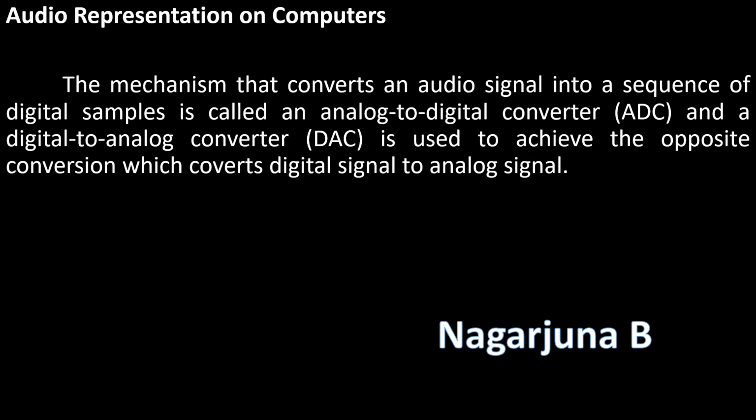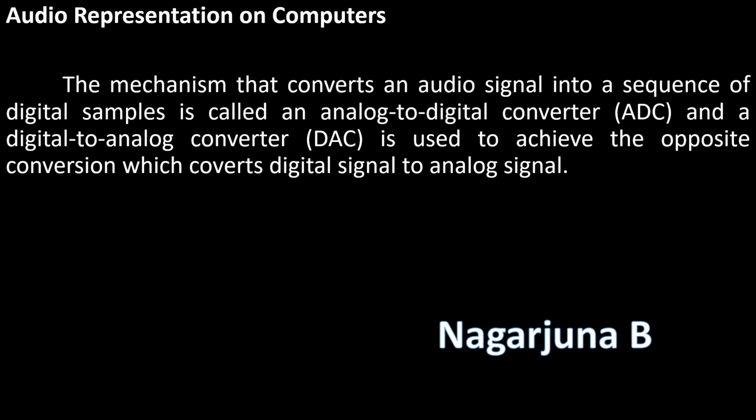The mechanism that converts an audio signal into a sequence of digital samples is called an analog to digital converter. An analog to digital converter is a converter which performs the conversion of an audio signal into a sequence of digital samples.